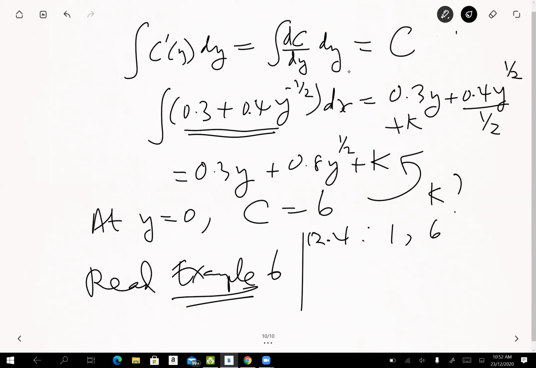question number 12, that is the average cost. I'll give you 1, 6, and then question 12, the average cost. What else? Average cost, marginal revenue.